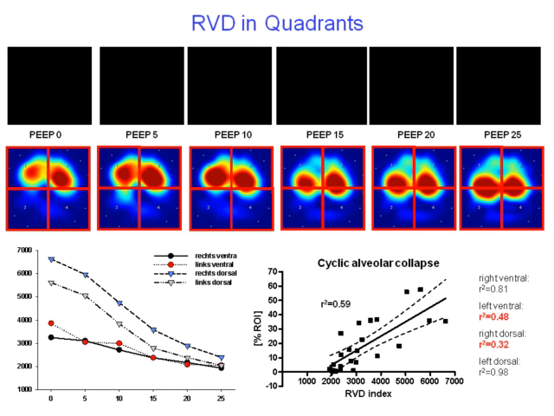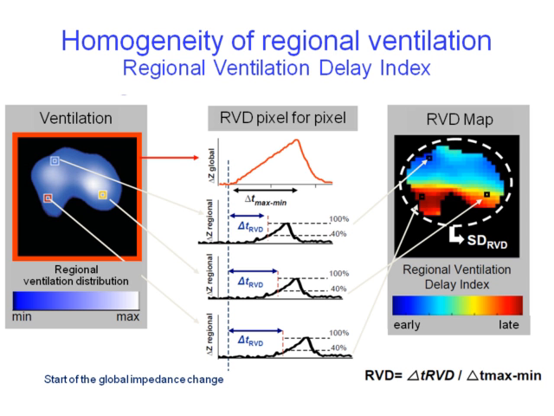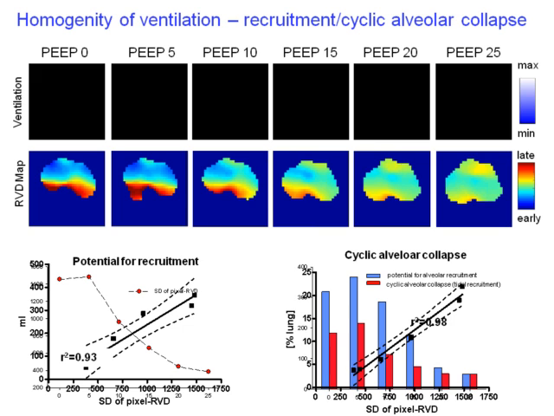You see here that you can also look at the change of the location and the magnitude of the ventilation with respect to a change in PEEP. But you can also look at changes in this delay, constructing delay maps.